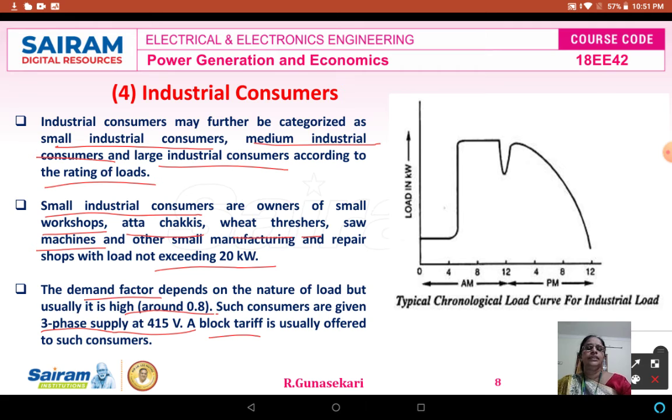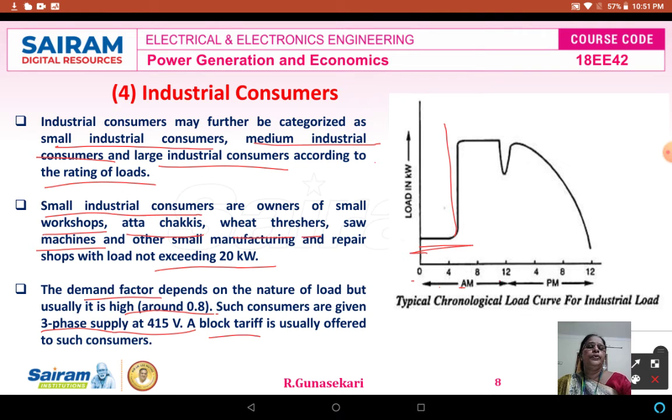Now you see the typical chronological load curve for the industrial load. X-axis is time in hours, that is 0 to 12 pm. Y-axis is load in kilowatt. Now you see, up to 4 am the load is constant. Then after 4 am the load increases.